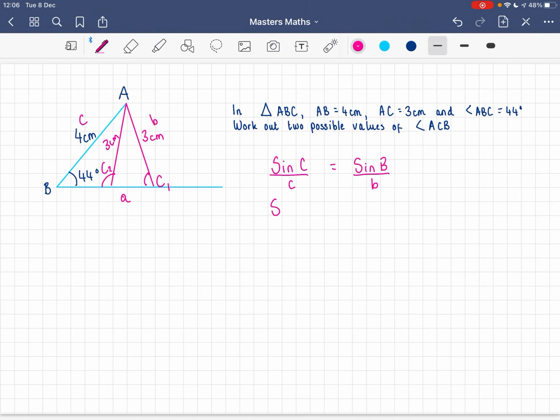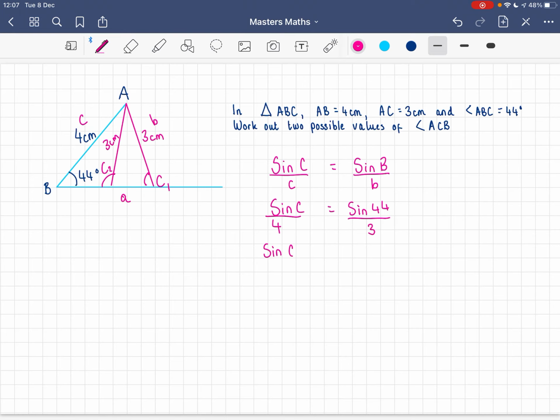Sin C is what I'm trying to work out, and we're dividing it by the length of the side C, which is 4. Sin B is sin 44, and we're dividing it by the side B, which is the 3, the line that we're not sure exactly where it goes.